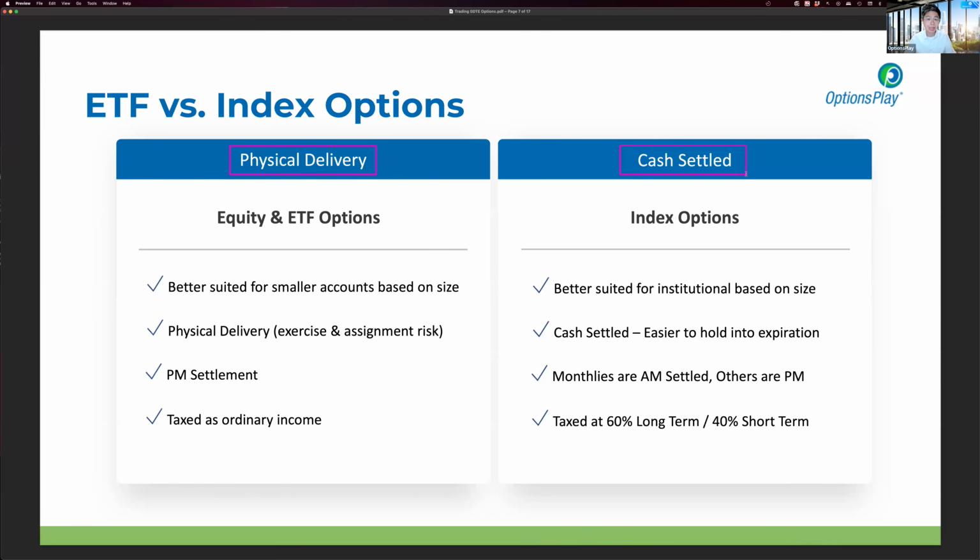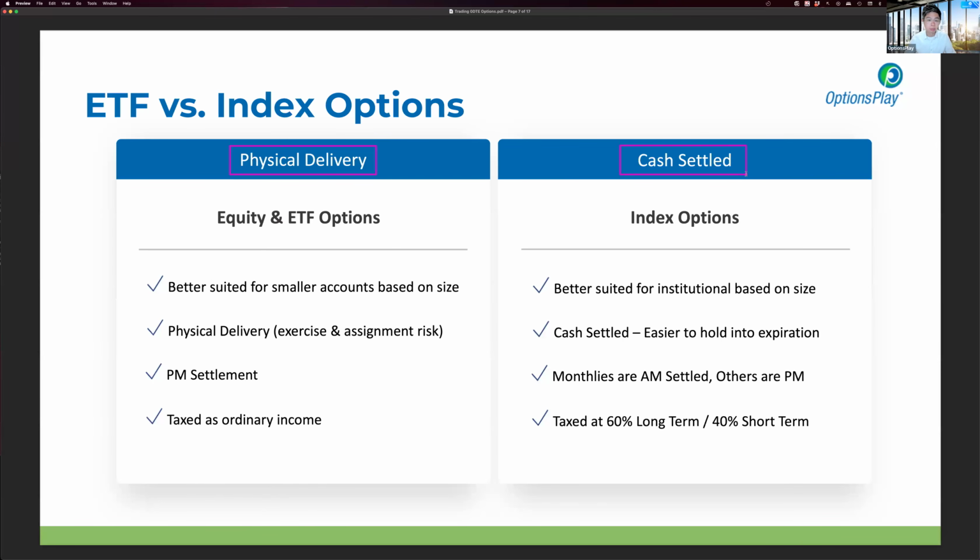Whatever your P&L is, that's just going to be debited or credited out of your trading account at the end of the day. So it's a much cleaner way to trade, and you effectively avoid all exercise and assignment risk. And that's the biggest benefit to trading index options.